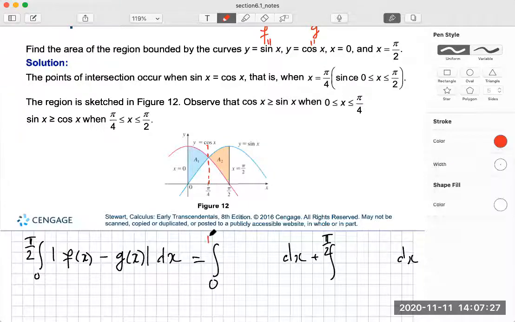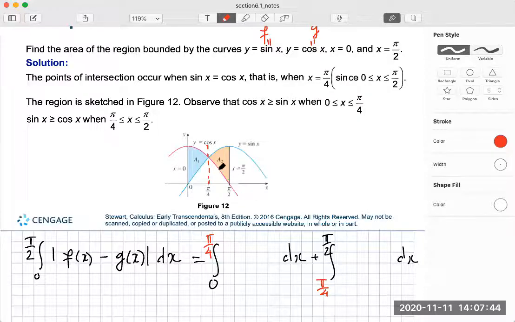Perfect. 0 to pi over 4, and from pi over 4 to pi over 2. Perfect. So we need to compute the area A1 and the area A2.